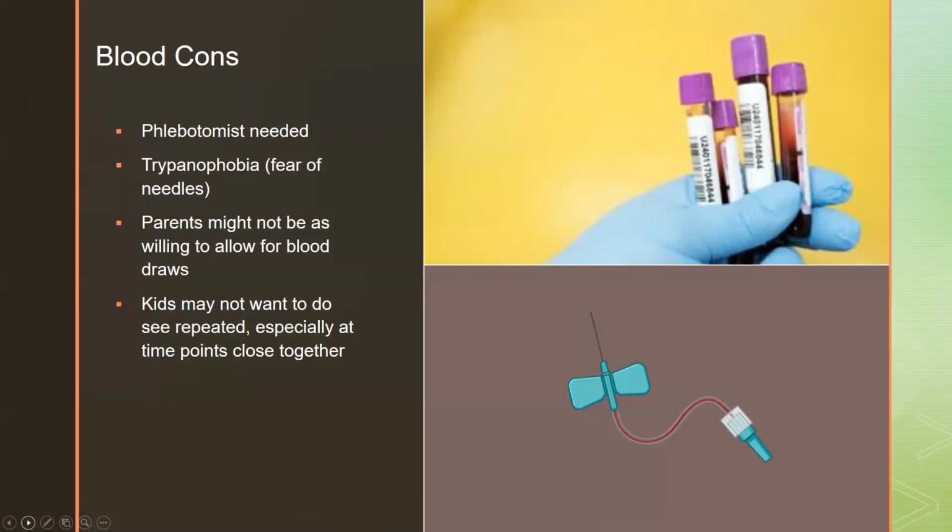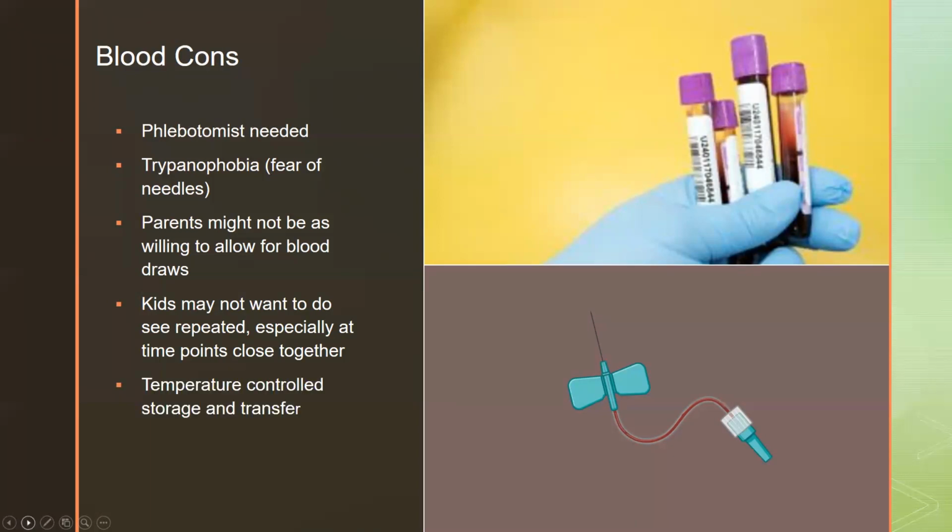And kids might not want to do it repeatedly. I've been involved in studies where we've had no problems with getting that first sample, but then they come back, especially if the time point that you're looking to do the collection is within days as opposed to months, they don't always want to do it.